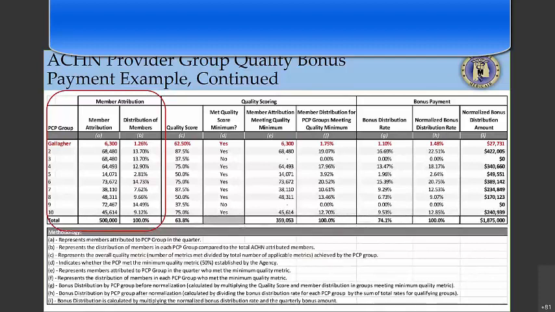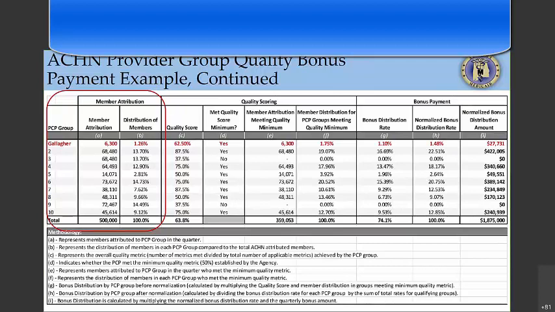The next table shows a hypothetical scenario for Gallagher practice and how this practice compares to other practices across the state. This, of course, is a hypothetical scenario with only 10 provider groups used for illustration purposes. The agency anticipates more than 600 practices will be participating once the program begins in October.